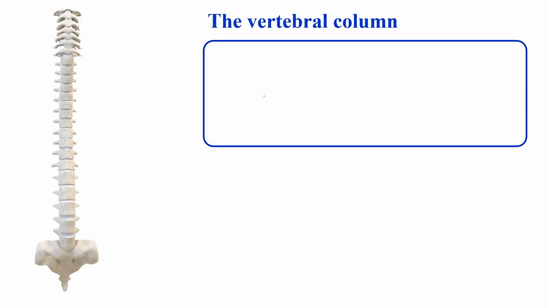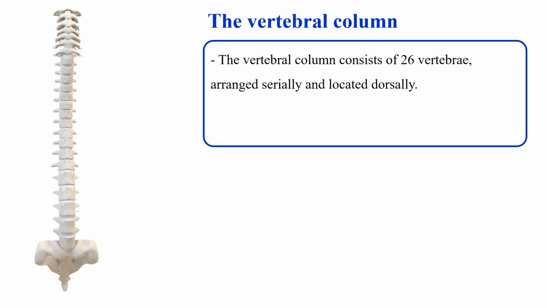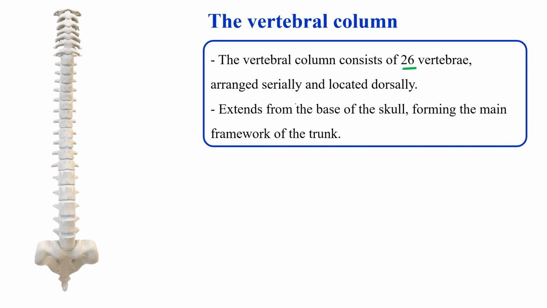Okay. So after the skull, what is the next part which comes under this category? The vertebral column. So this is our vertebral column. How many vertebrae are present in our body in total? 26. These vertebrae are arranged serially and located dorsally in our body. They extend from the base of our skull, forming the main framework of the trunk.